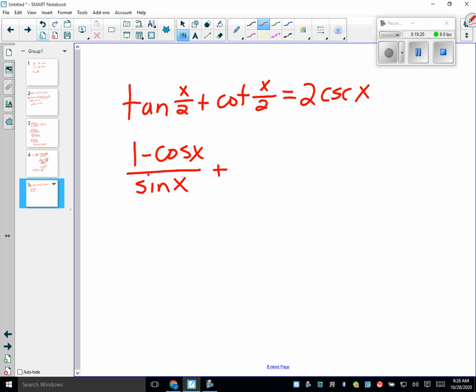But if you put sine on top, then won't the sines cancel? No, it's the reciprocal, because I'm flipping it over. So is cotangent of x over 2 going to be 1 plus cosine of x over sine of x?